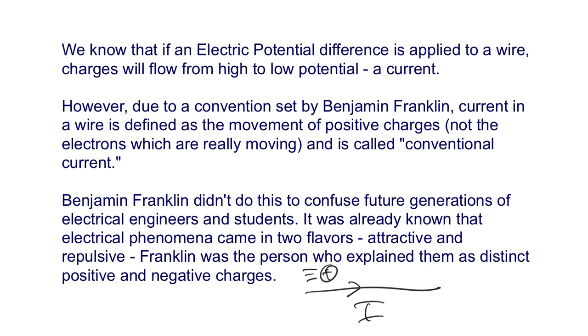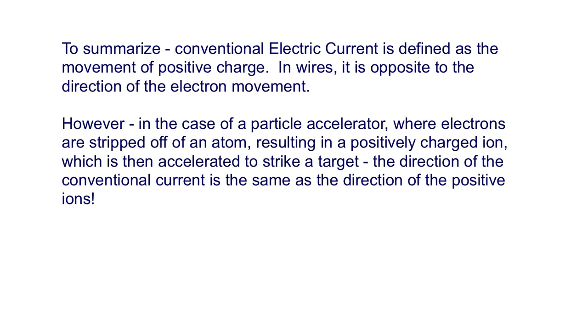So this is called conventional current because this is what they thought a long 200 years ago, or whatever it is. So conventional current is positive particles flowing through a wire. Okay, we now know conventional current is the movement of positive charge, even though it's really negative charges that are flowing.